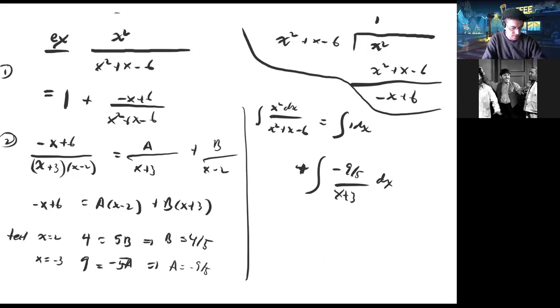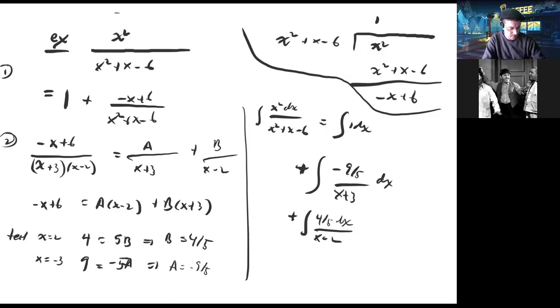And then there would be another term of the form 4/5 dx over x minus 2.